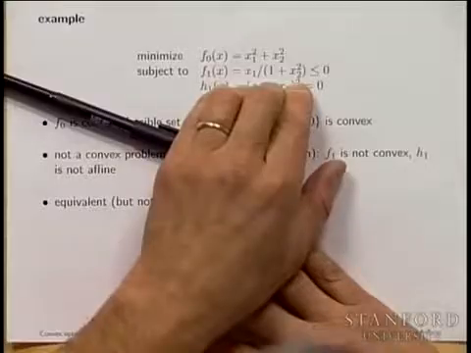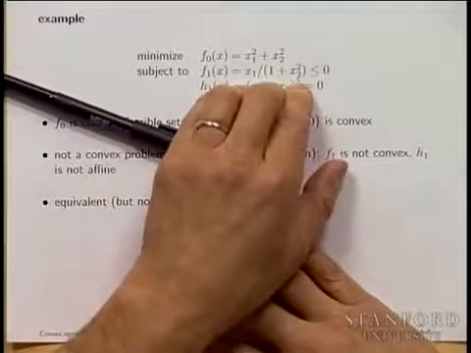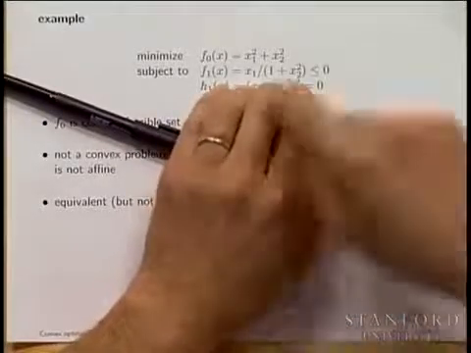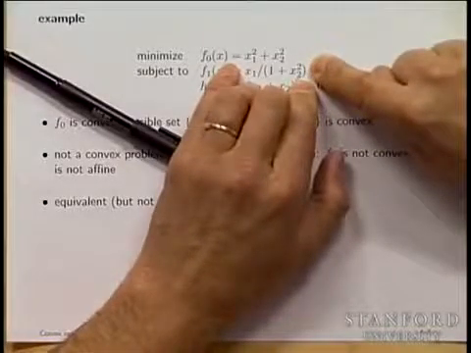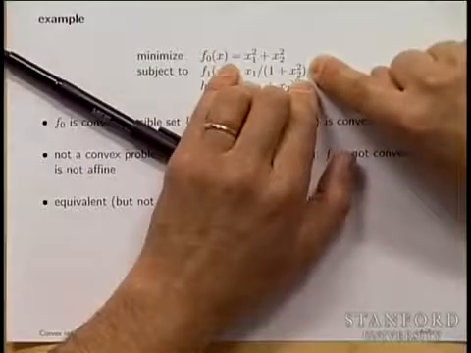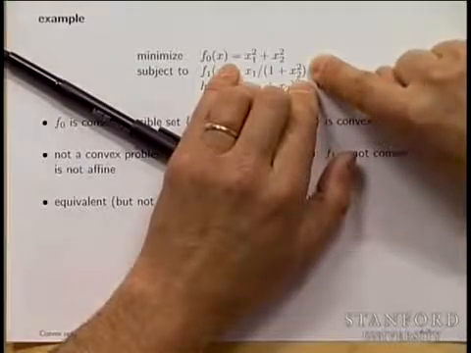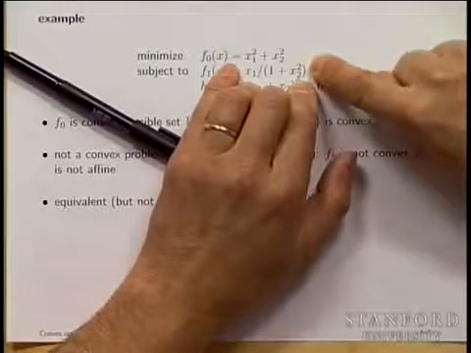The first constraint is nothing but x1 is less than or equal to 0. Obviously, right? 1 plus x2 squared is positive. I can get rid of it. However, this is f1. As I've described this problem, that's f1, and that is not a convex function. And so this problem is rejected, is not convex. Okay?